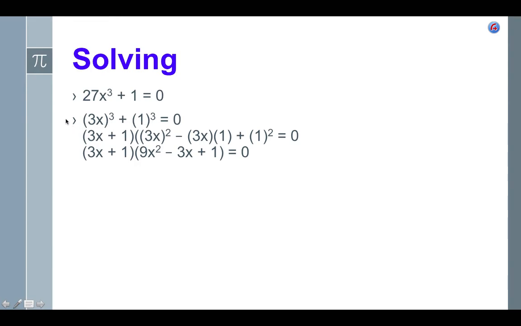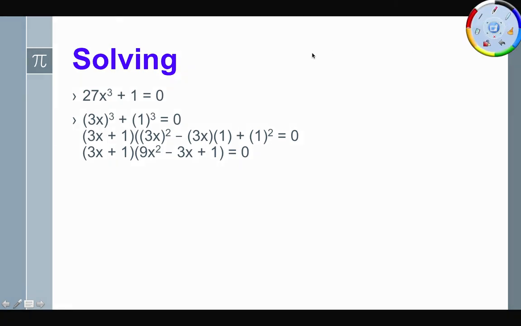And through the process of factoring using that sum of cubes, we get 3x plus 1, so that's my a plus b, if you need those labels there. That's my a, and that's my b. So we have a plus b times a squared minus a times b plus b squared.